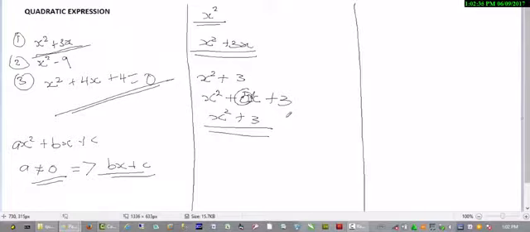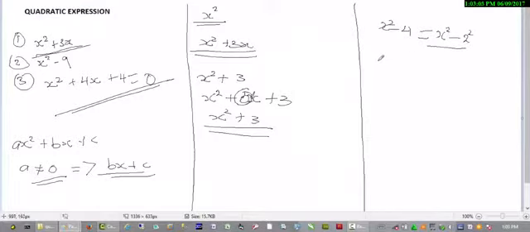Now, the next thing we need to know is that the quadratic equation can come in different forms. It can come in the form of the difference of two squares. For instance, if you have x squared minus 4, this is called the difference of two squares, meaning that I can simplify this to be x squared minus 2 raised to power 2, since 4 could be written as 2 squared.